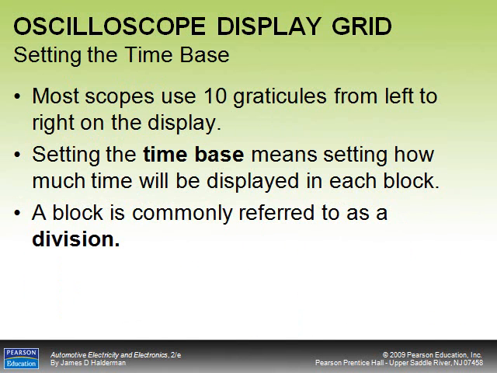We talked about setting the time base, right? We talked about divisions. Each graticule is a division. And you can set up how many volts you want per division on the y-axis and how much time you want per division on the x-axis.